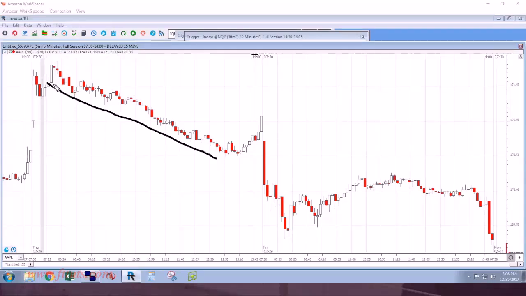While the context is going lower, notice there is a moment here where we go higher for a second before resuming lower. There's another moment here that we move higher and then we resume lower, and another here. So these are pullbacks that don't change the trend and provide you an opportunity to enter if you can identify the trend.